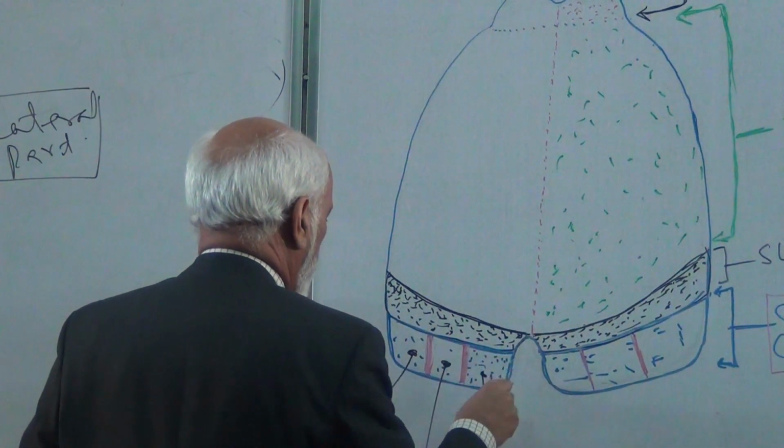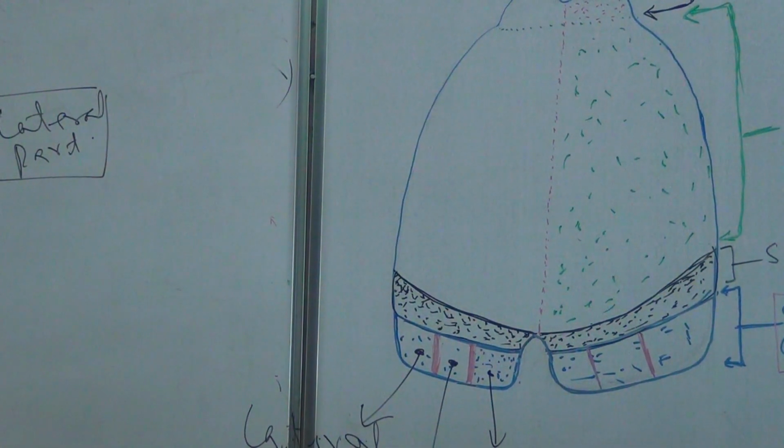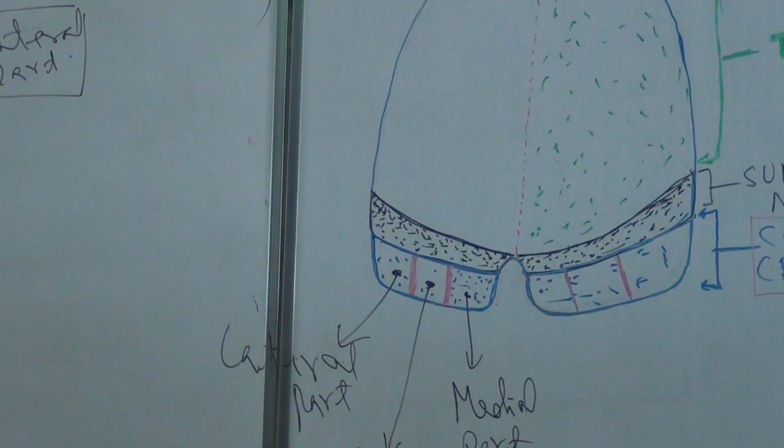Now next, which descending tracts descend through the intermediate part of the crus cerebri?